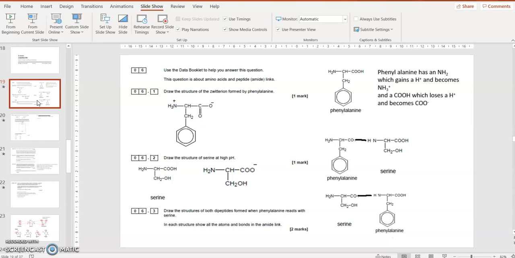And because phenylalanine and serine have got, as amino acids have, they could react the other way around, and it could be the COOH on the serine and the NH2 of the phenylalanine that react together to form a peptide bond. So that's why it can go either way. So you can swap the two amino acids over when you're forming a dipeptide.